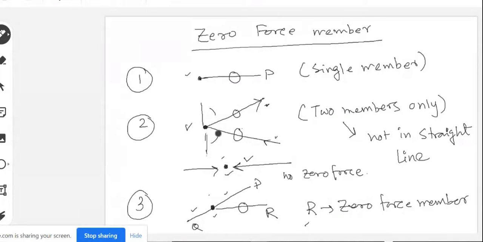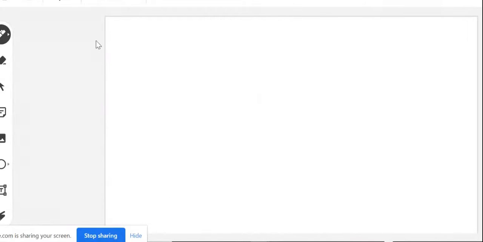If this is compressive, then the vertical component will be like this way, so this one has to act in this way. Yes, sir. So automatically both will be compressive. Okay, yes, sir. And the third case we have done now. Then our last problem for today.